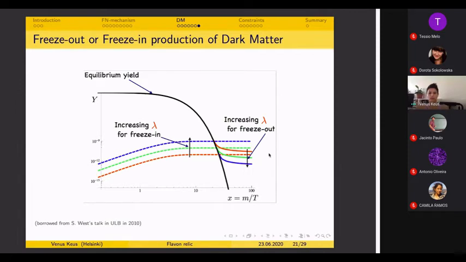So in this case, by lambda here, they mean the coupling of the interaction. If you increase the coupling, you're basically producing more of this stuff.